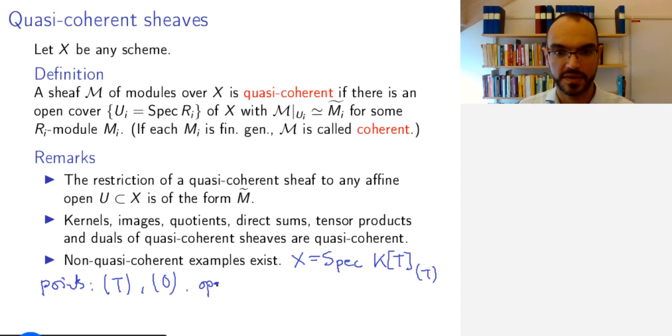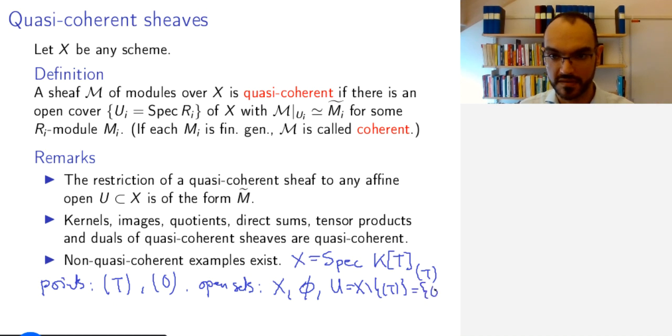And so the open sets are precisely the scheme itself, the empty set, and the set U, which is X without the closed point. So it's the set of the generic point. So the generic point is open.